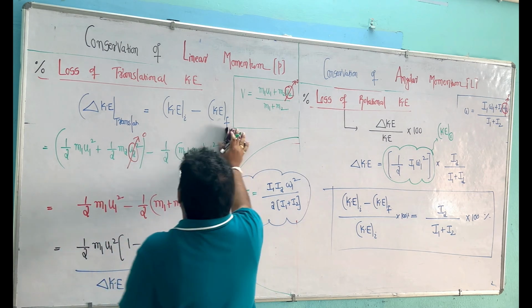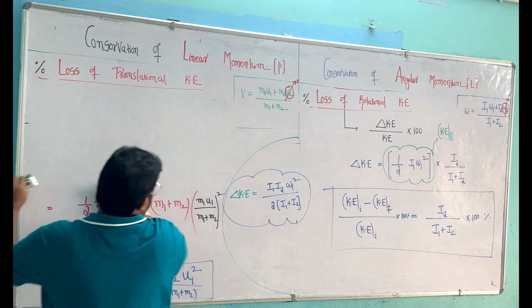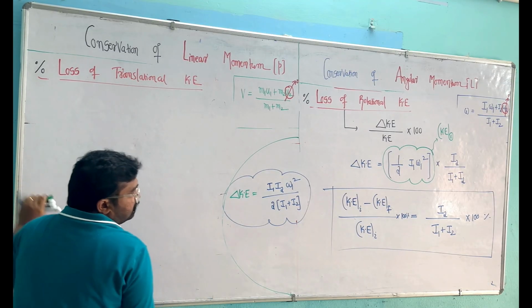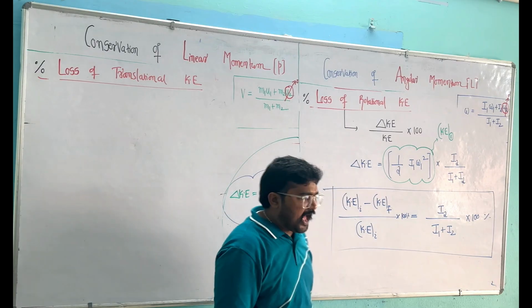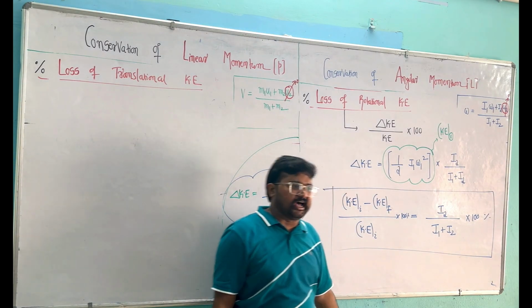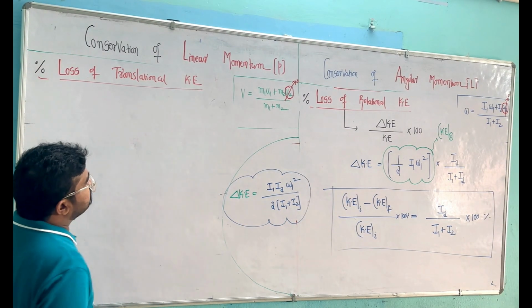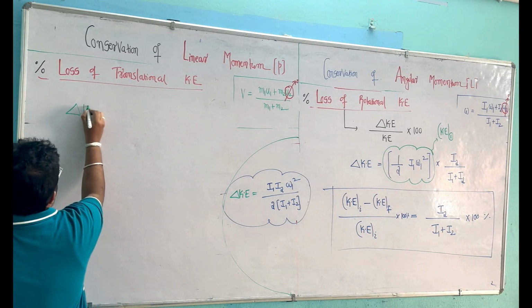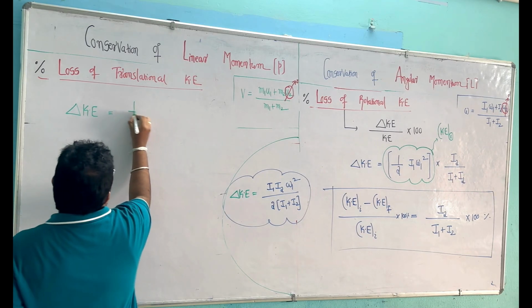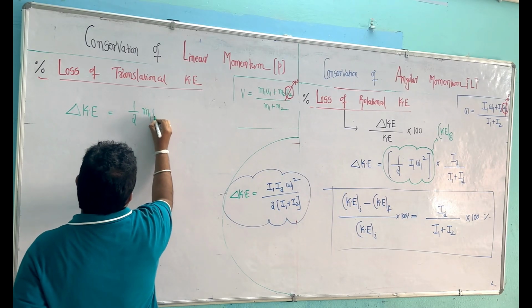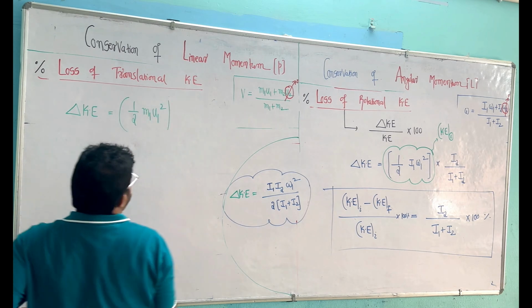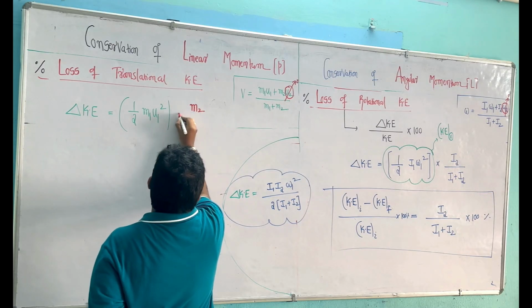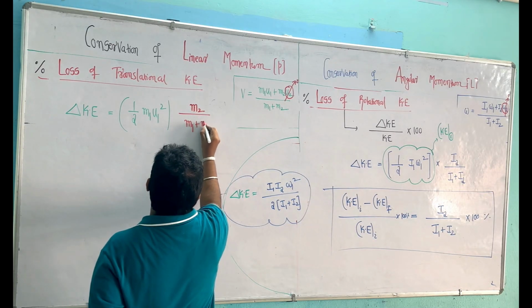Now coming to percentage loss of kinetic energy. Why are you calling it as loss? You are writing initial minus final. Actually, we need to write final minus initial. That is negative. So here tell me, what is the percentage loss? Delta kinetic energy equal to how much? Half into m1 into u1 square into m2 by m1 plus m2.